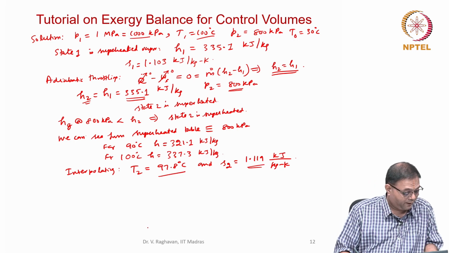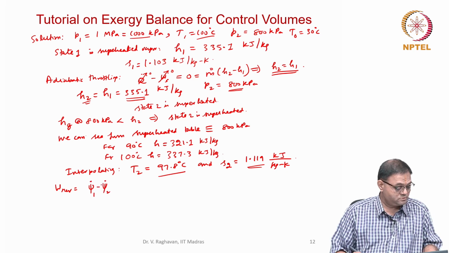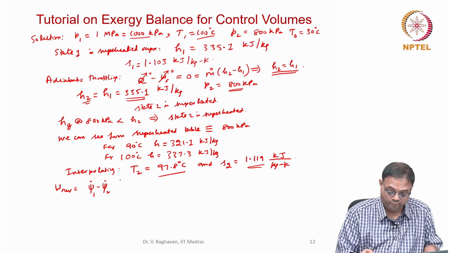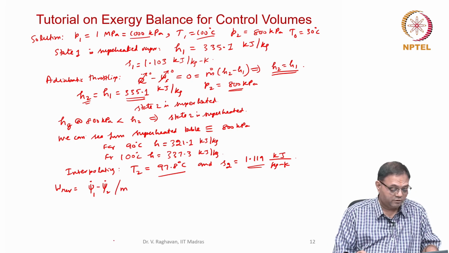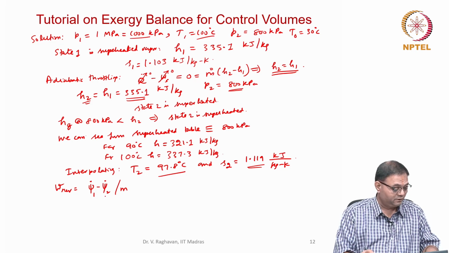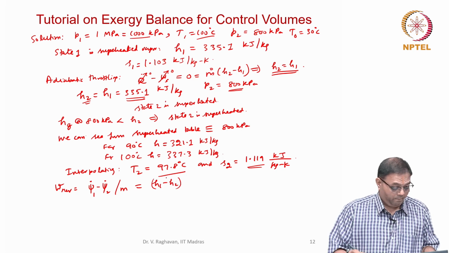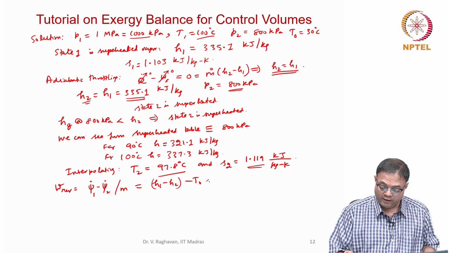Now I can apply the formula. The specific reversible work, we can say W reversible, is nothing but H1 minus H2 minus T naught times S1 minus S2.